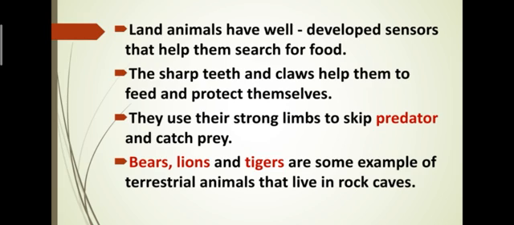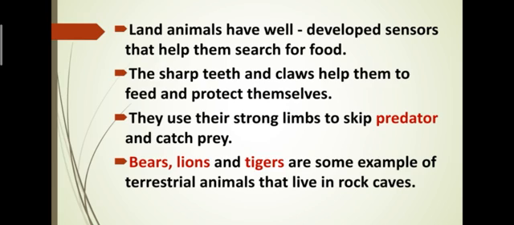Sometimes animals use their sharp teeth and claws to protect themselves from predators. The term predator means an animal that kills and eats other animals. Land animals also use their strong limbs to escape predators and catch prey.